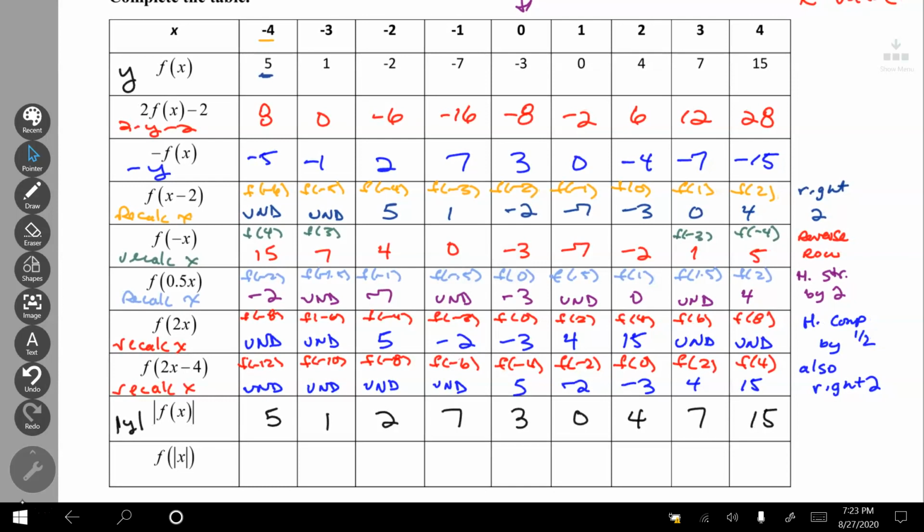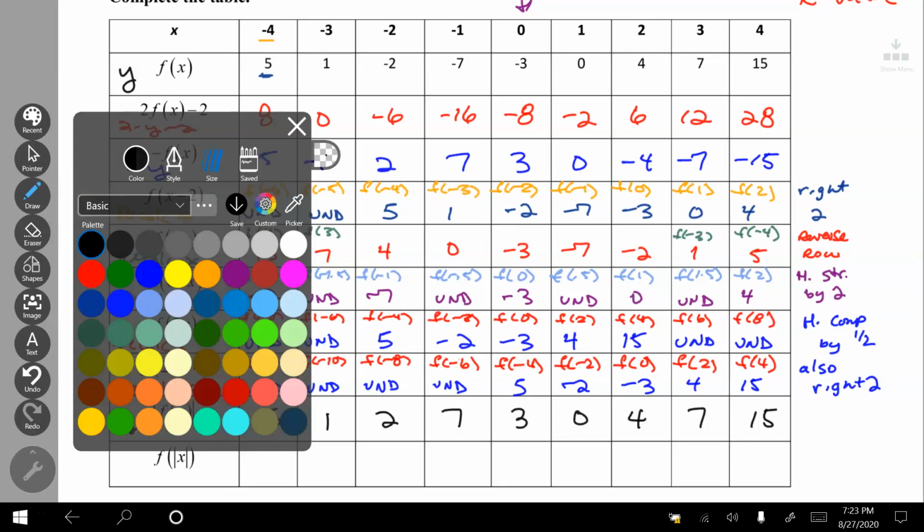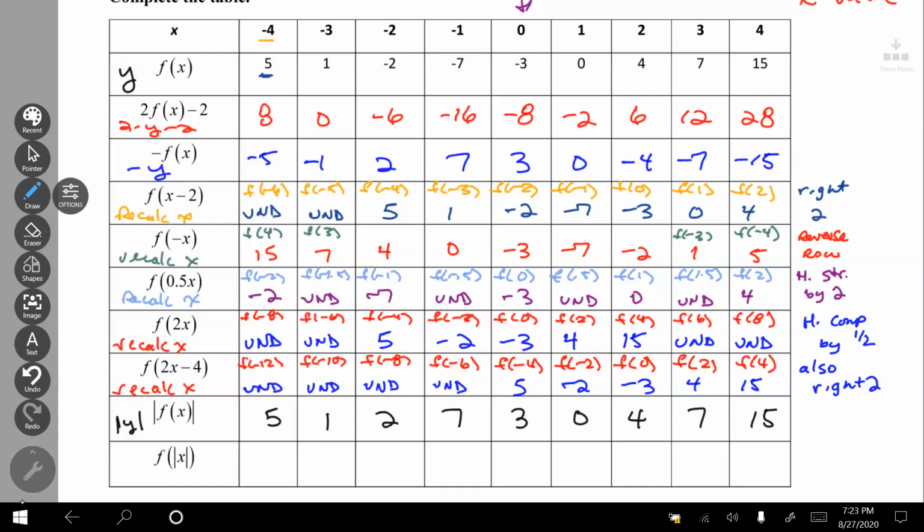I have to do a recalculation row again. So I have to recalc my x's. This is saying the absolute value of the x. So instead of negative 4, it's f of 4, f of 3, f of 2, f of 1, and so on and so forth.